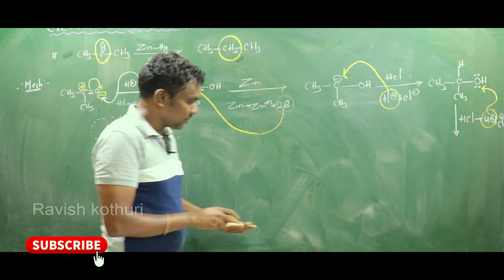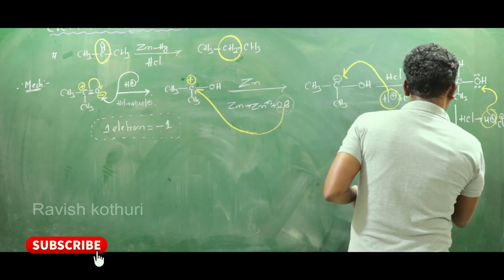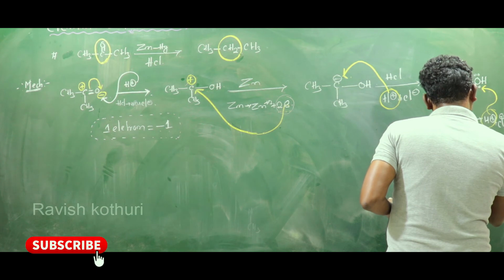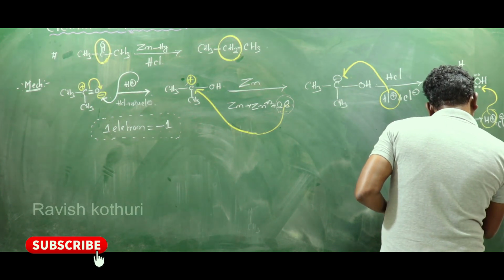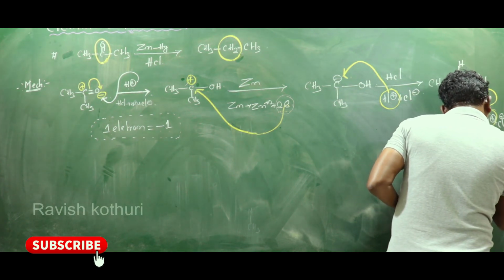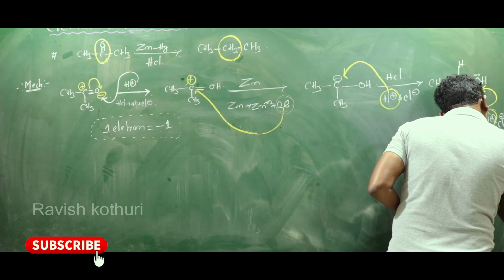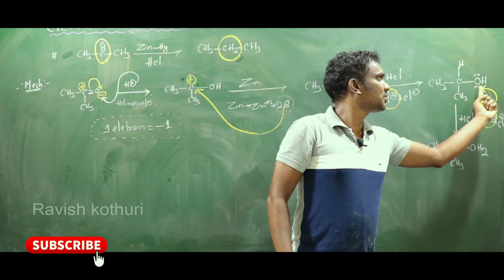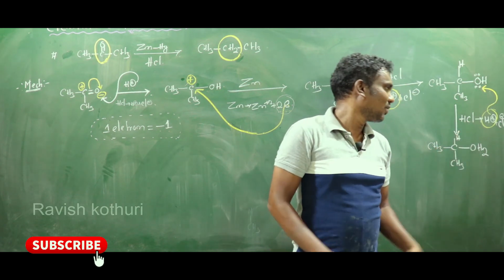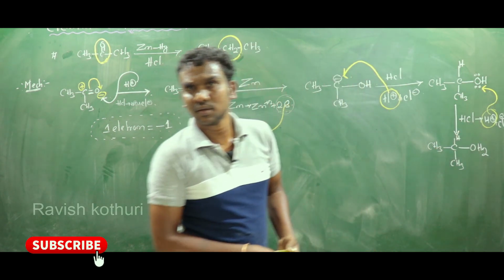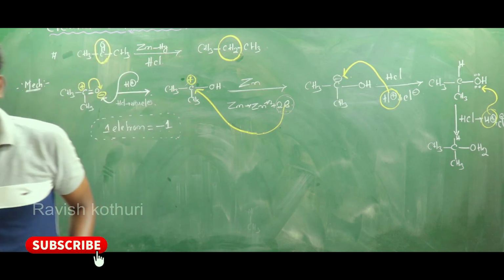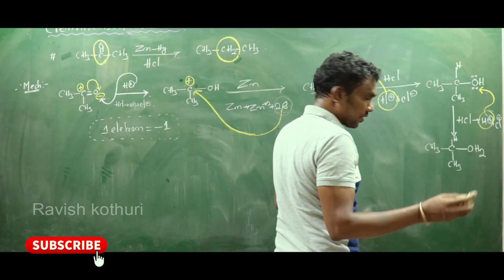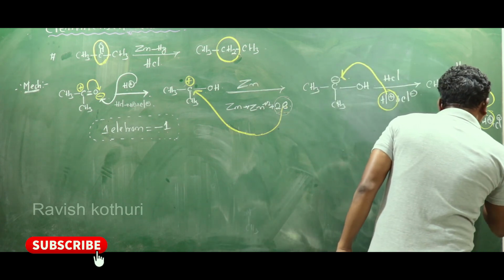So here, observe carefully. Now CH3, CH3OH2, right? There was already an H there, and this H attached over there, so that is the reason OH2 is written. Observe carefully, my dears.